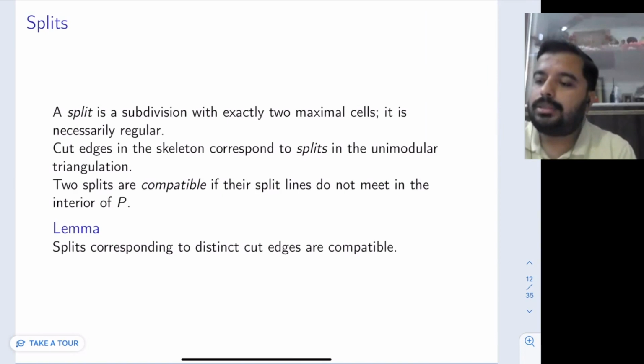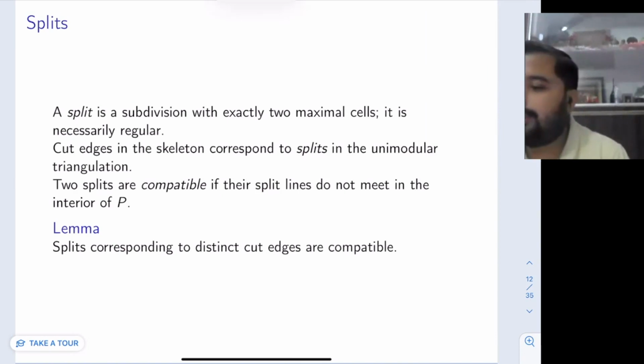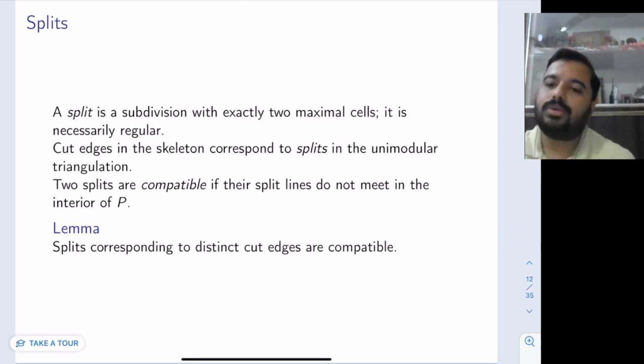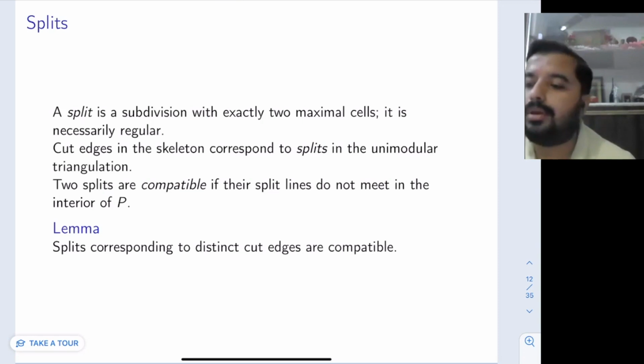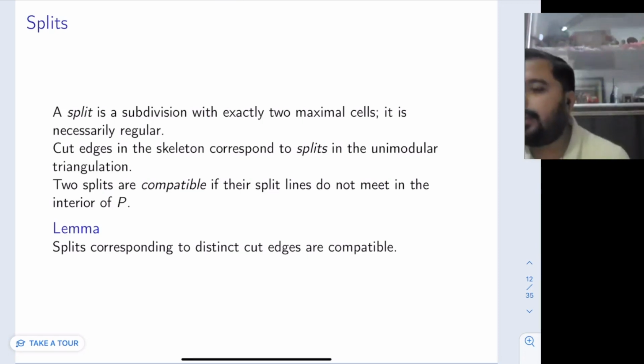So again, just some definitions about subdivisions. There's a nice subdivision which is known as a split, which is a subdivision which contains exactly two maximal cells. So it is one of the coarsest subdivisions that you can have. A nice property about these splits is that the cut edges in your skeletons correspond to these splits.